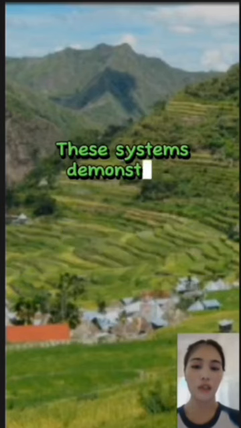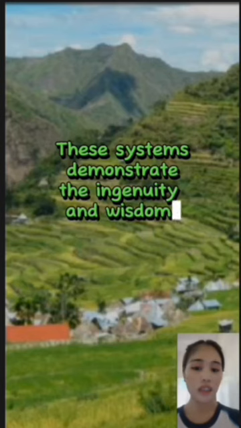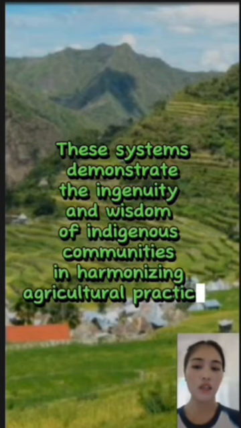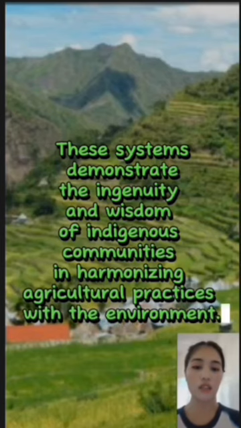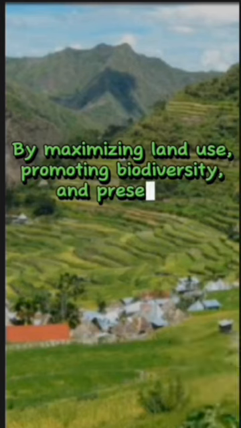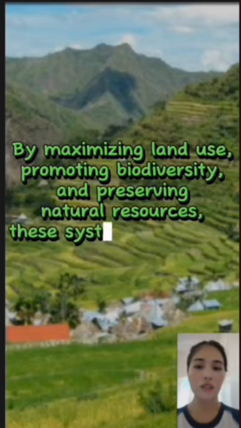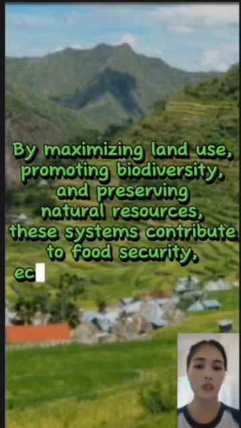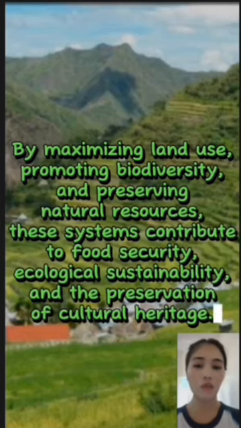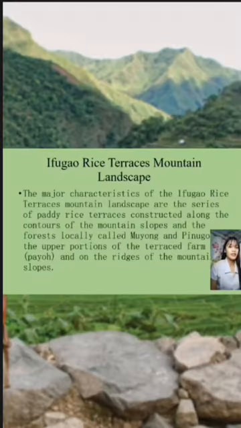The systems demonstrate the ingenuity and wisdom of indigenous communities in harmonizing agricultural practices with the environment by maximizing land use, promoting biodiversity, and preserving natural resources. These systems contribute to food security, ecological sustainability, and the preservation of cultural heritage.